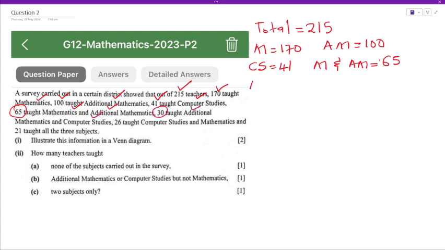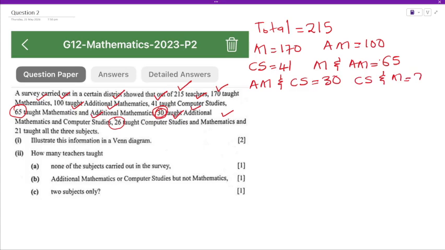So AM and CS is equal to 30. Okay, and then what else? 26 taught computer studies and mathematics. So CS and math is equal to 26.